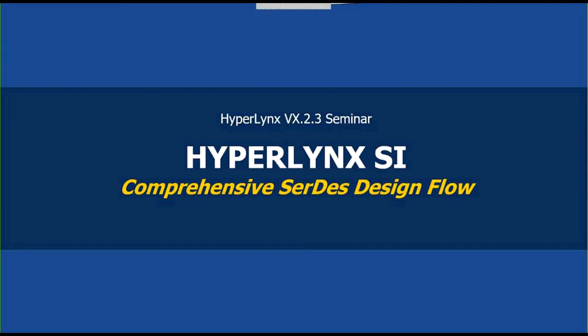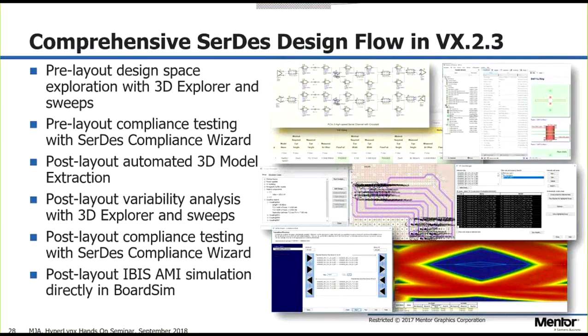So let's look at what we've got on our side in HyperLynx to help out with that. We've got pre-layout design space exploration with a 3D Explorer and sweeps. This is part of the advanced solvers. I'll talk more about this throughout the day, but it's just a way to say, all right, I need a via structure, and I'm not sure what's going to work.